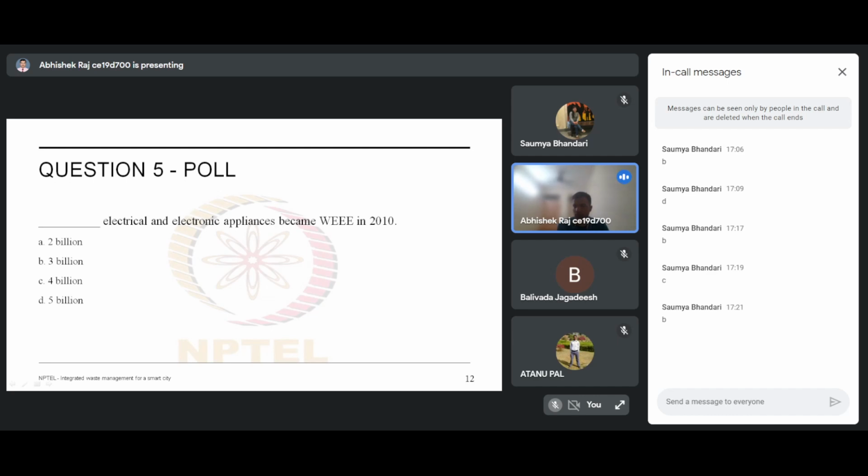Okay, so we have one response in the chat for option B, I think. Yeah, one response in the poll for option B. Let me close the poll now. We'll discuss the answer.